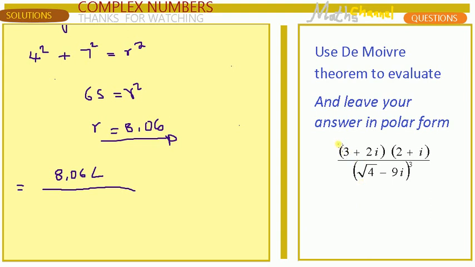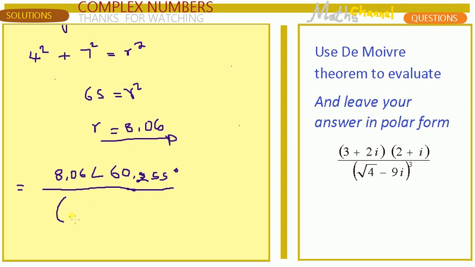This part, the bottom part, is not yet in polar form, so we're trying to change it to polar form. We have 255 degrees for the top.